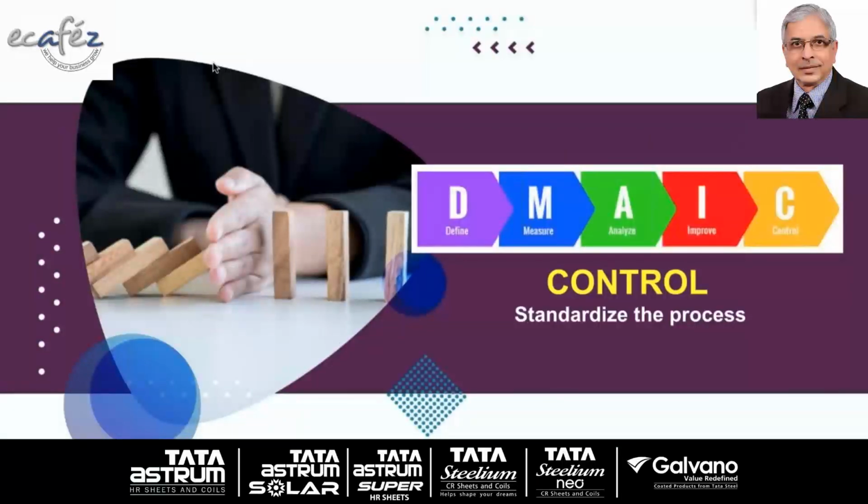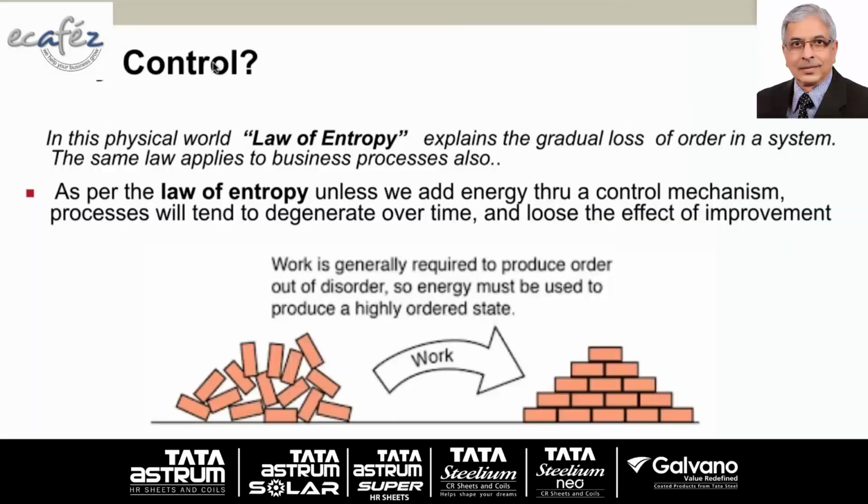After making the improvement, to hold the gain, the next phase is the control phase. One very popular phenomenon is entropy, though it is used mostly in thermodynamics. The law of entropy says it is basically a degree of disorderliness. After improving something, if you just leave it, gradually it will come back to the disordered state.